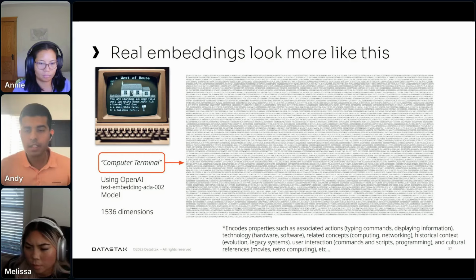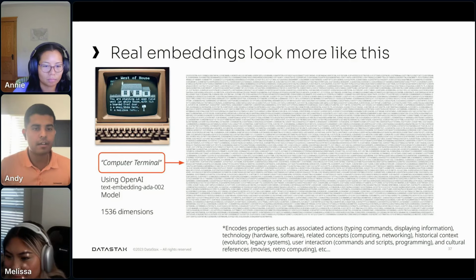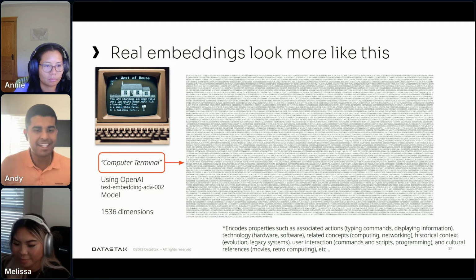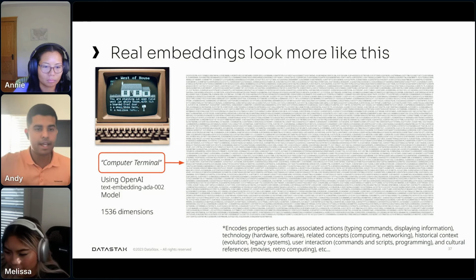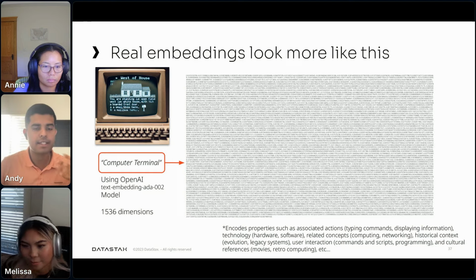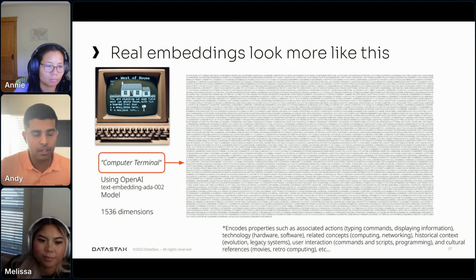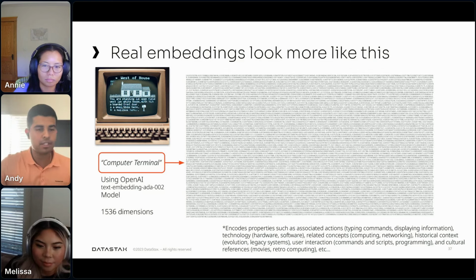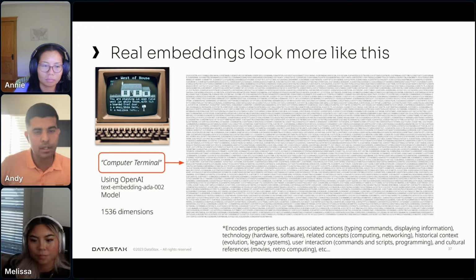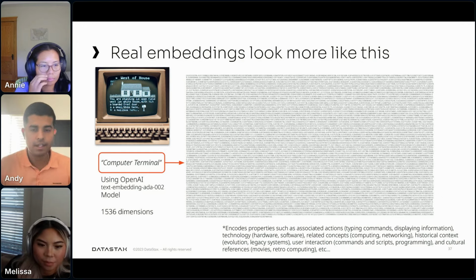And luckily for us, it's very easy to generate these vectors and embeddings through embedding models. In this case, we generated this vector embedding through OpenAI's text-embedding-ada-002 model, which outputs this vector that you see here. And so this is a one-to-one match between our computer terminal and our embedding.